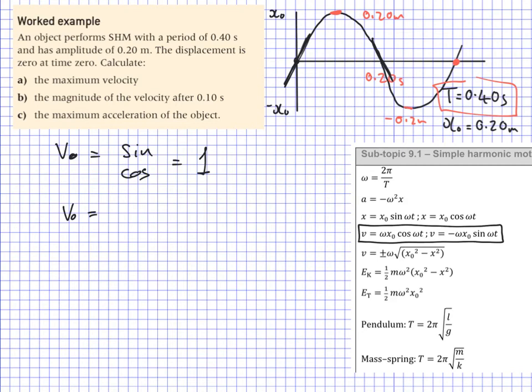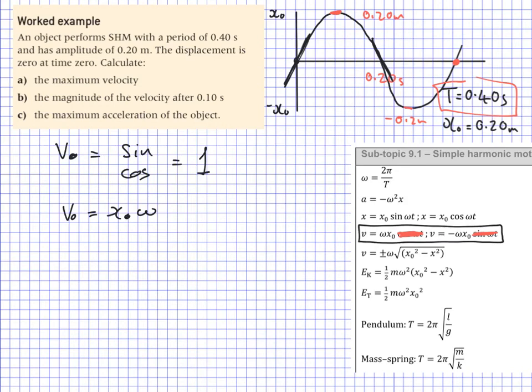It's nice and easy because the value of cosine and sine must be 1. So in other words, we can simply say x naught omega. That's because the cosine function has basically been cancelled out, because it has to be equal to 1 for the v naught to exist. So now it's nice and easy.